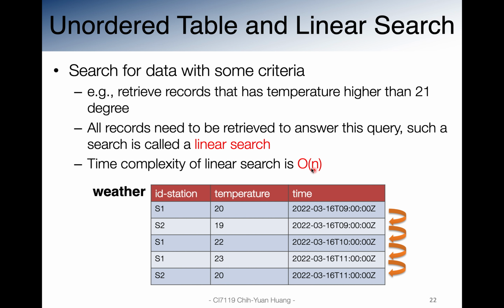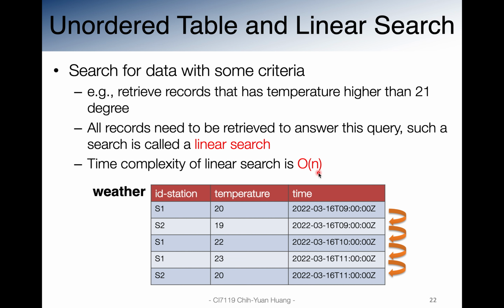represents the number of data records that you have. Which means that the time complexity of executing this linear search requires an execution proportional to the number of data that you have. So the performance is proportional to the n, the number of data records.